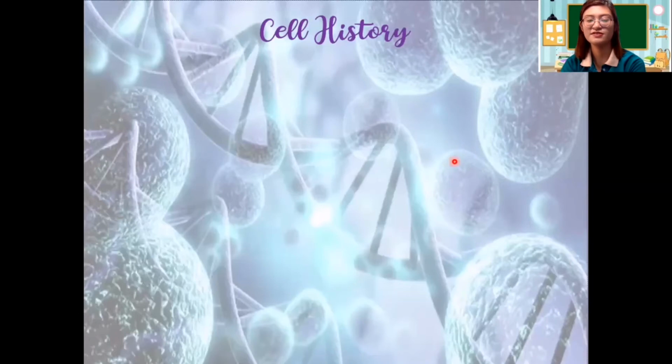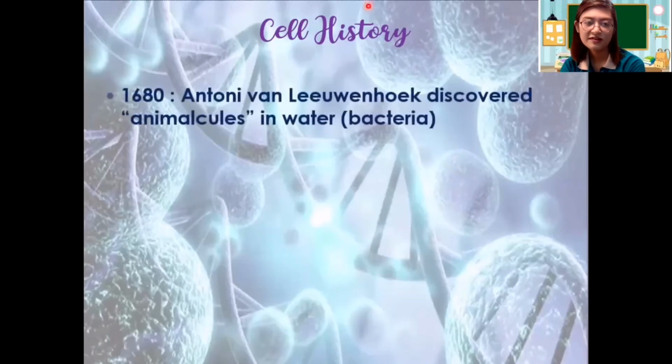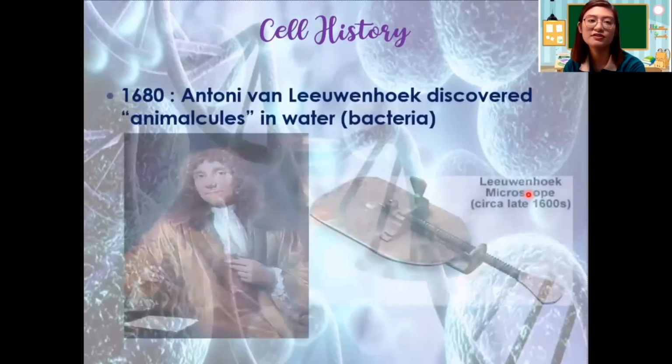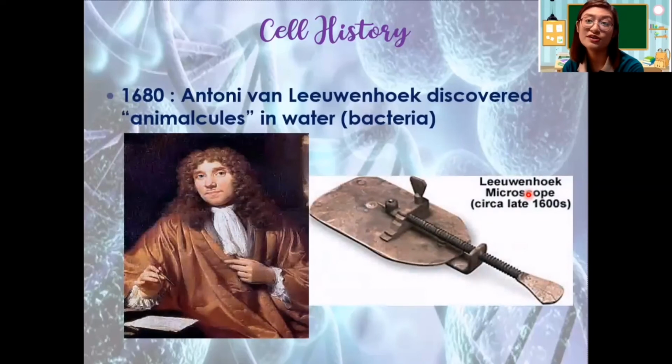Okay, next part of the cell history is Anton van Leeuwenhoek. During 1680, he discovered the so-called animalcules in water. In the video, he also has his own version of the microscope. This is actually his microscope.